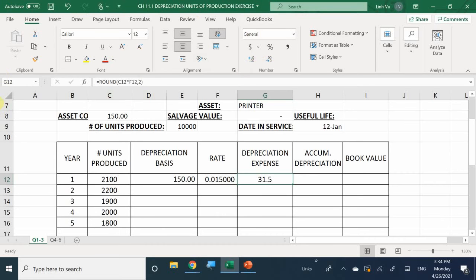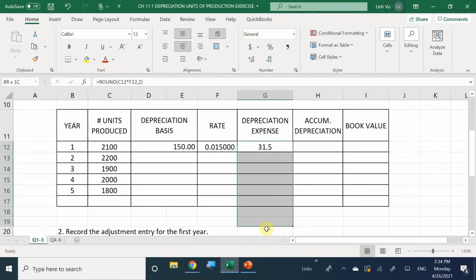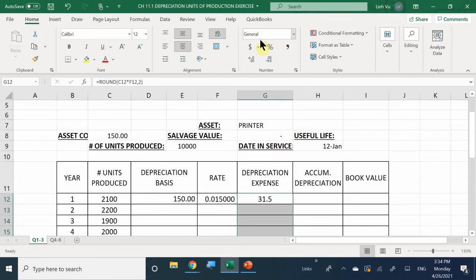Once again, we multiply this rate by the number of units it produced that year, so 1.5 cents multiplied by 2,100 gives a total of 31.50. If you're really good at this, you can use a calculator and get the same amount.